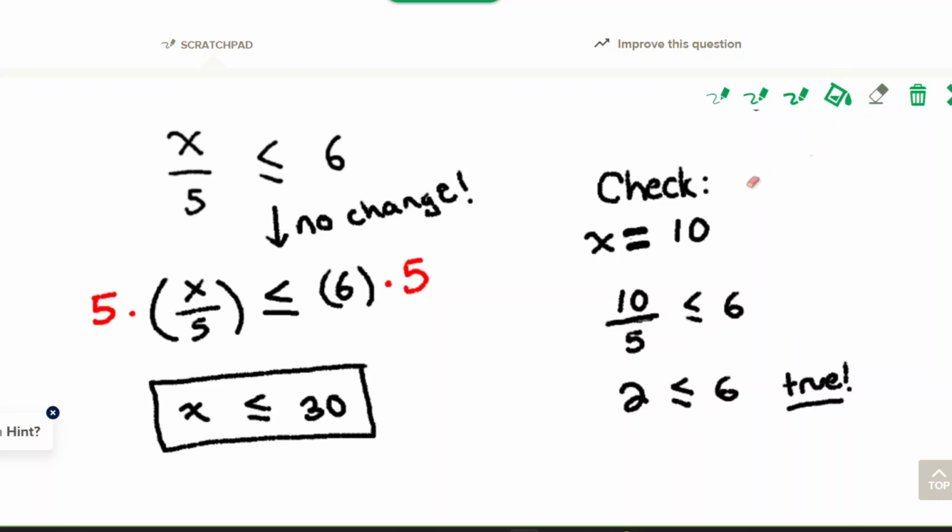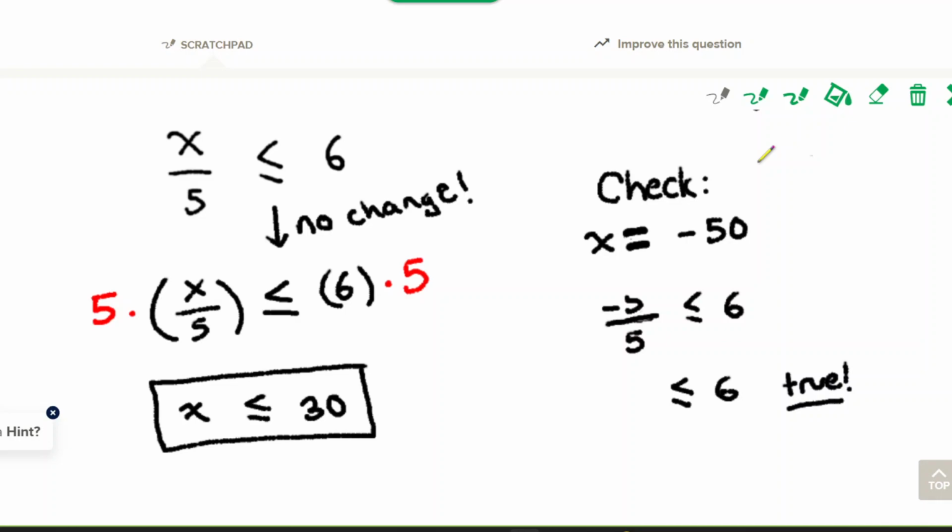Okay. And then here's one more that is a solution. So I'm just going to take a different value for x. This time, how about numbers less than 30? There's a lot of them, infinitely many. So how about say negative 50 or something? Any negative number is definitely less than positive 30. It's to the left of 30 on the number line.